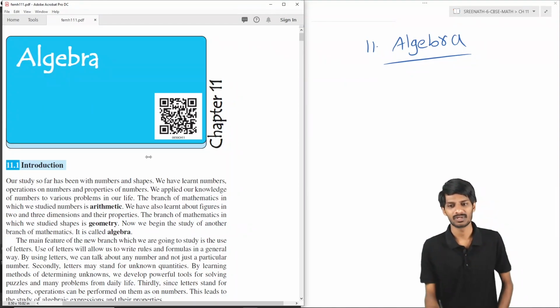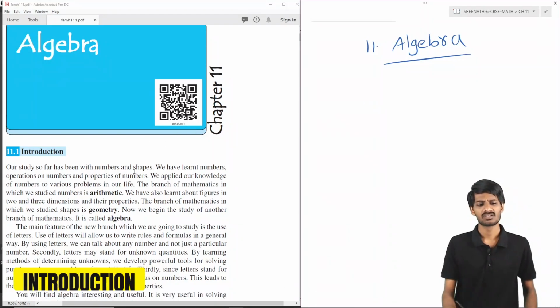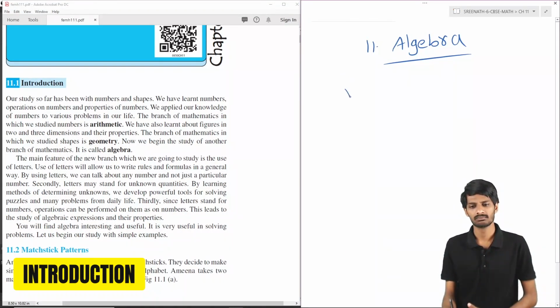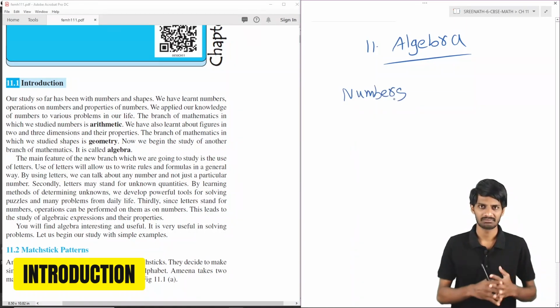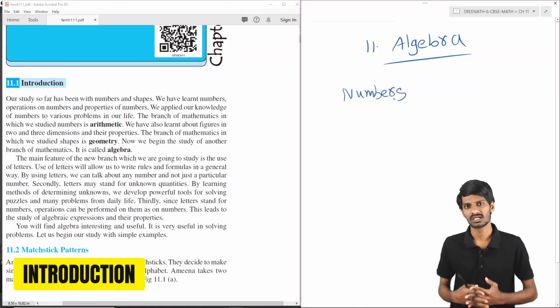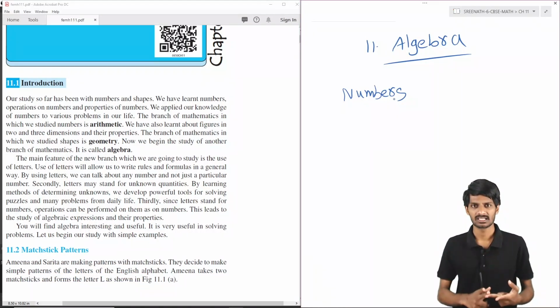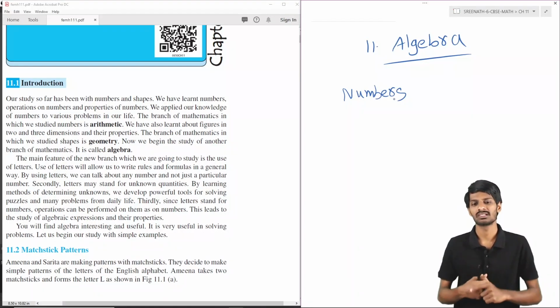So algebra. Students, we have studied about numbers. What are the counting numbers, what are the different types of numbers: integers, whole numbers, natural numbers, rational numbers, decimals, fractions, all this stuff.